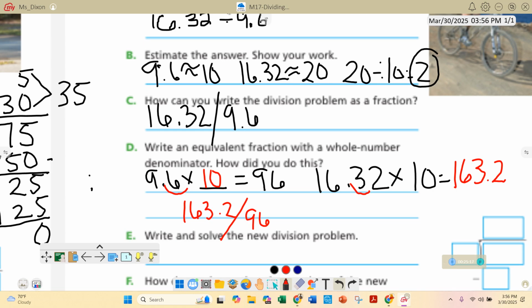You move the decimal, or you're multiplying the number times the divisor to make that number a whole number. And then you're going to multiply or move your decimal the same number of places in your dividend.